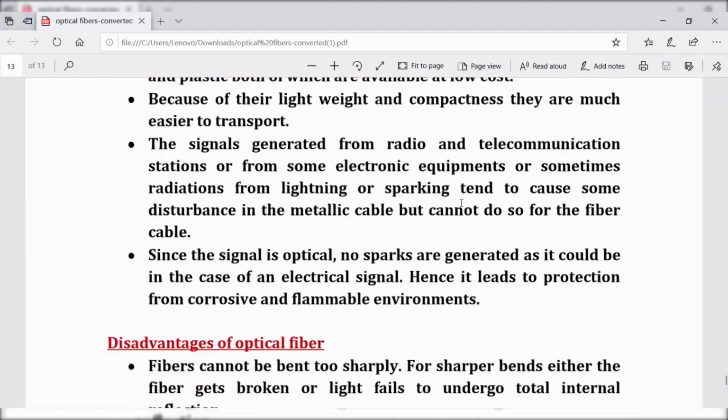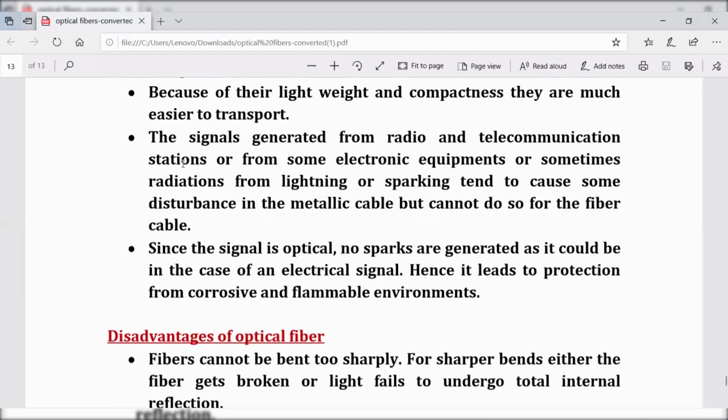And the third advantage is the signals generated from radio and telecommunication stations, or sometimes the signals generated from electronic equipments, or sometimes radiations from lightning or sparking, tend to cause some disturbance in the metallic cable, but cannot do so for the fiber cable.